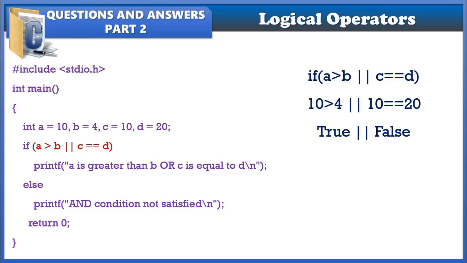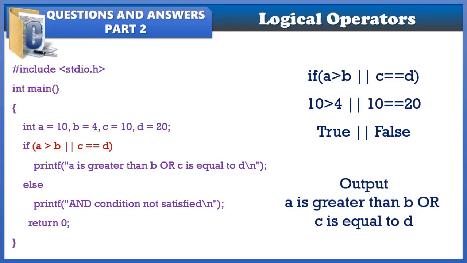But here we are using logical OR, and we know that in logical OR, if either of the conditions is true, the entire expression will return true. So the output will be A is greater than B or C is equal to D. It will execute the if part and not the else.